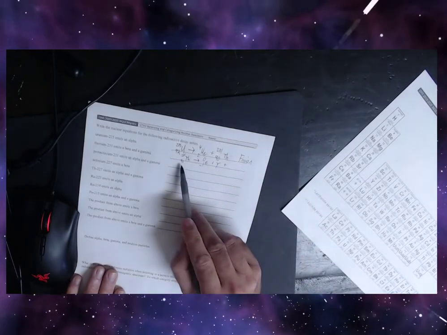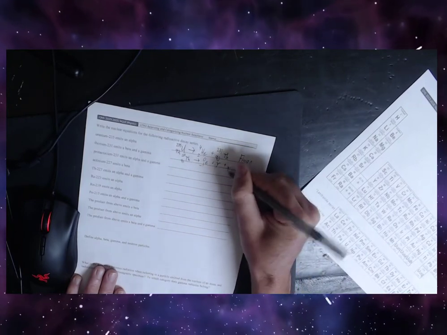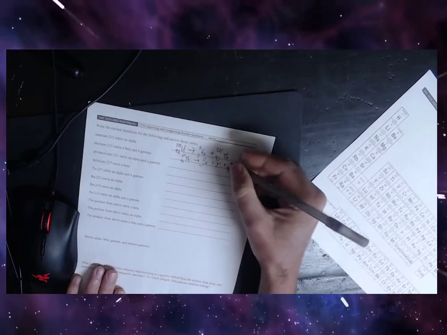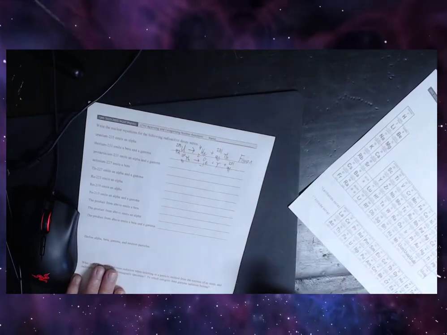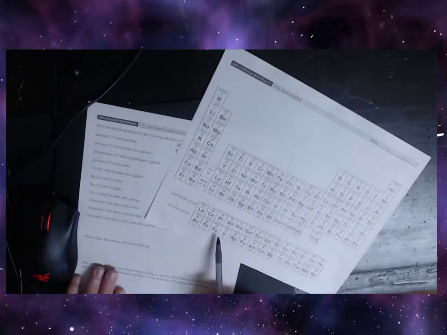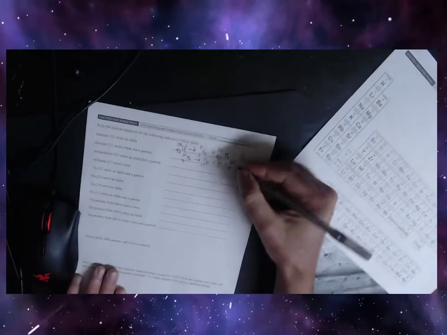And last up, 90 equals blank minus 1, 91. 231 equals 0 plus blank, 231. So now we'll check real quick, and 91 and 231 gets me protactinium, whatever that is.